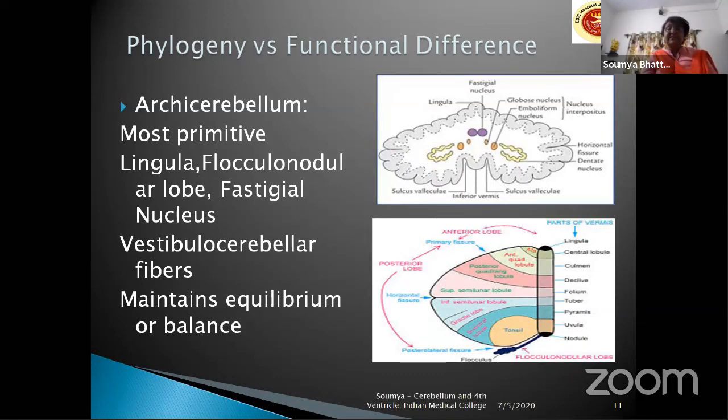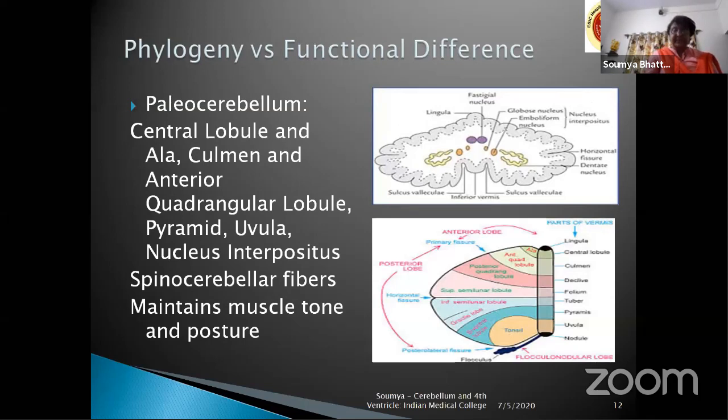So this is very important. I will tell the probable question after this. You must remember that the archicerebellum is the most primitive cerebellum concerned with equilibrium and balance, the vestibulocerebellar fibers, and the parts are the lingula, flocculonodular lobe, and the fastigial nucleus.